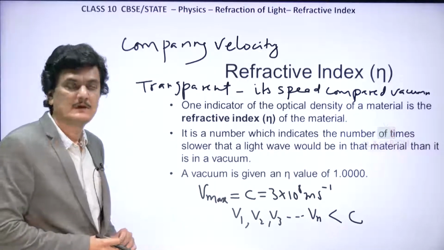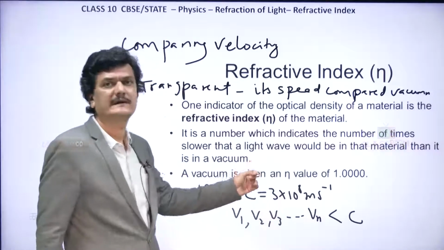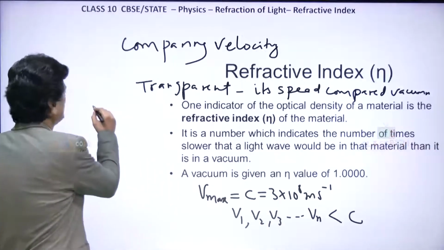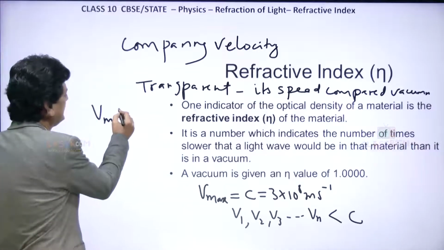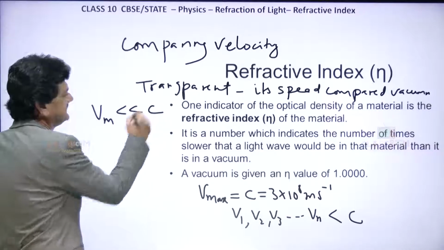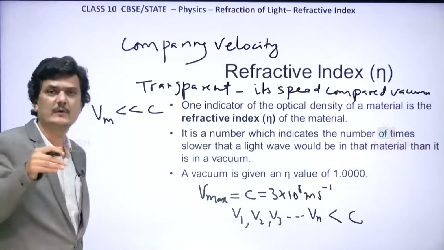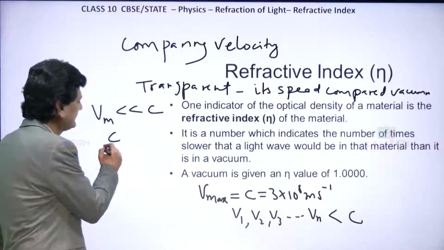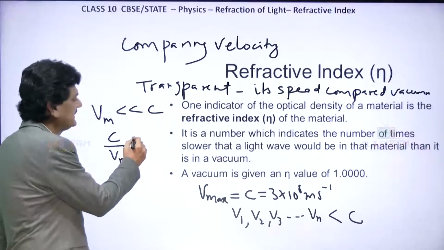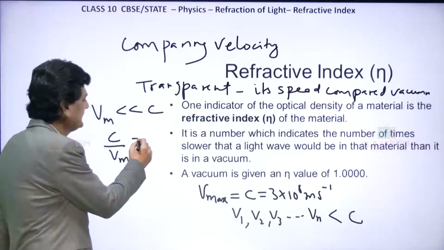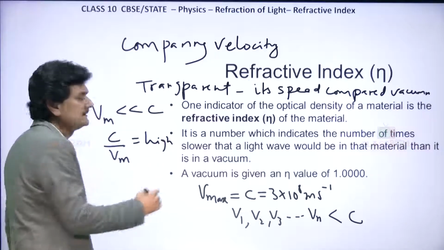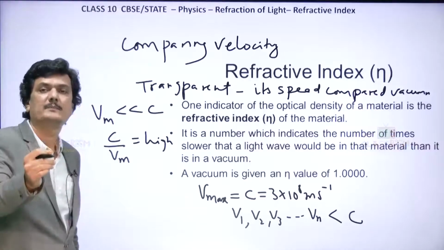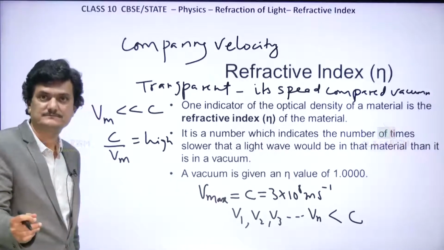Now, suppose the velocity of light decreases considerably in some medium, so Vm is much less than c. That means light is slowing down considerably in that medium. This means the ratio of c by Vm will be quite high, and that numerical value is the refractive index, which is also the optical density of that medium with respect to vacuum.